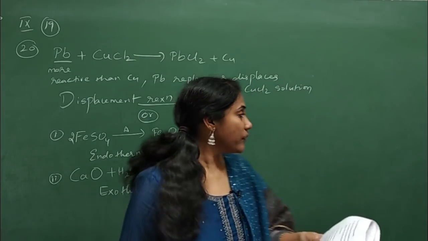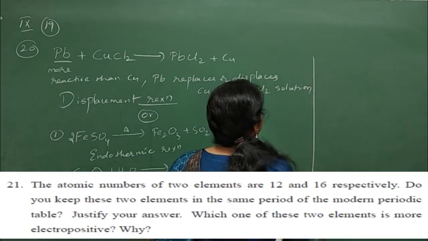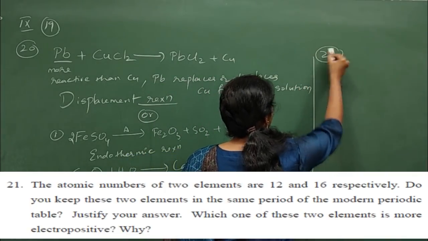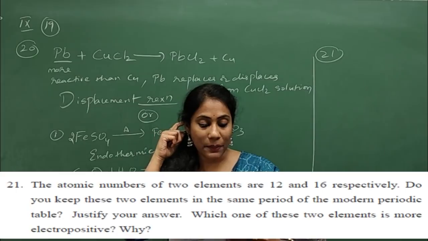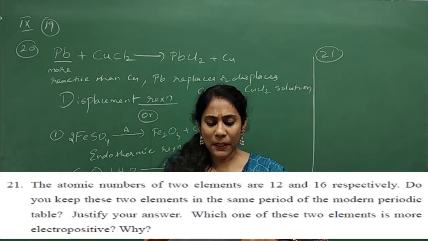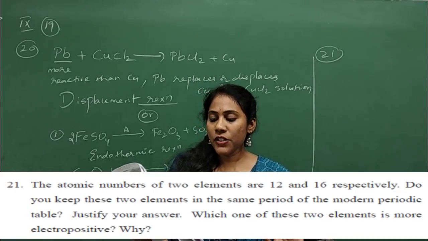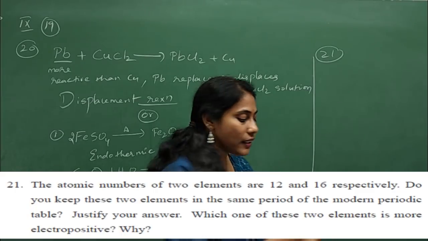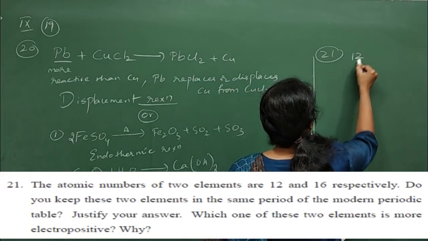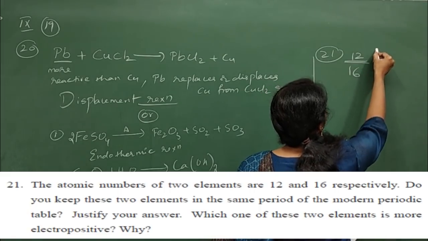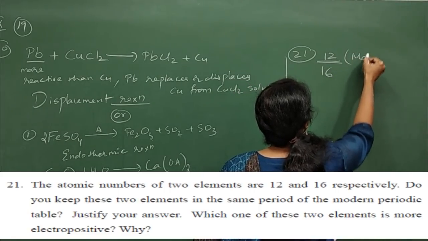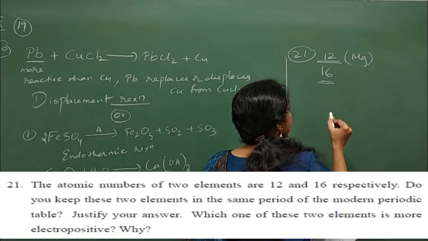And coming to 21st question. So 21st question is from the chapter Periodic Classification of Elements. Question is very simple. The atomic numbers of two elements are 12 and 16 respectively. So can you figure out atomic number is 12. So the element is magnesium. Atomic number is 16.